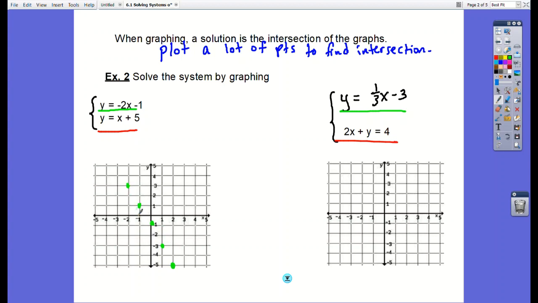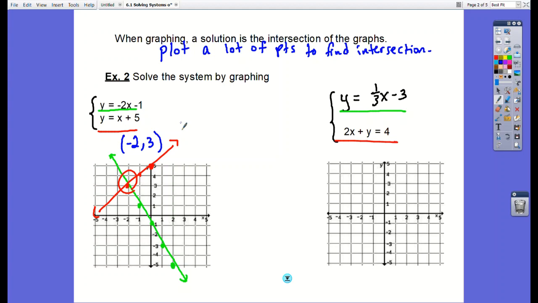Our intersection will probably happen in one of these points. So there's our line. And then our next line, we'll look at +5 here. I could go up to the right, up 1, right 1, but that won't help us since the other line is down below. So let's go down 1, left 1, down 1, left 1. There's our intersection. We can see it right there. So it looks like our intersection happens at the point -2, 3.